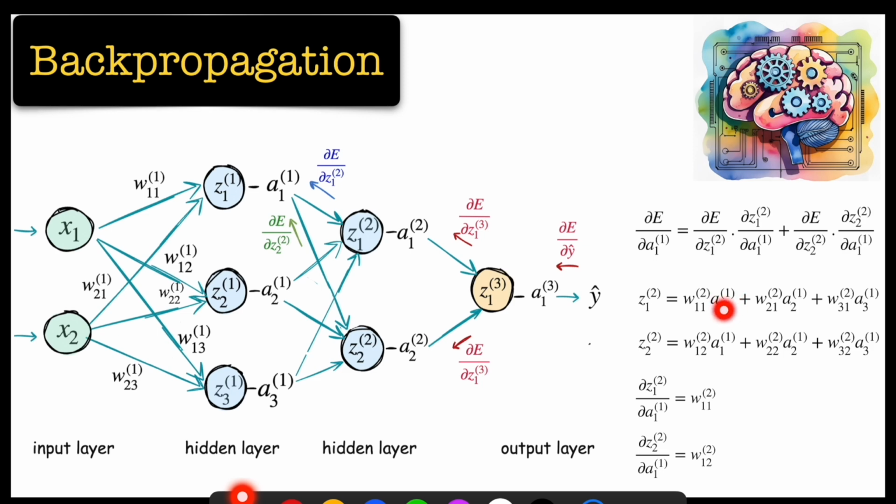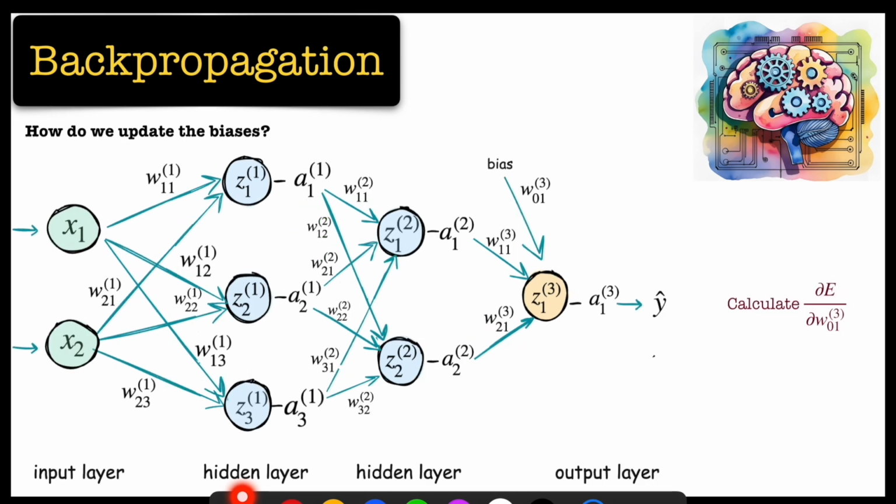A11 appears only here in Z12, so it will be W112. Similarly, del Z22 del A11: A11 is here, so it will be W1122. So we got all the values and we can calculate del E del A11. My point here was just that because A11 is contributing in both the paths, while calculating the gradients of A11 we have to consider both paths, and then take the summation.